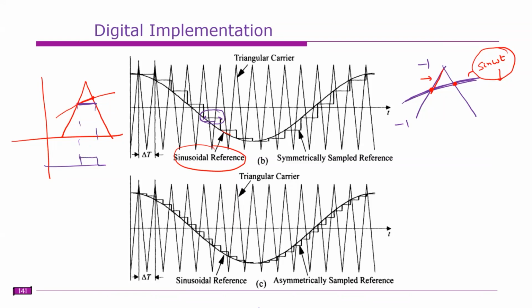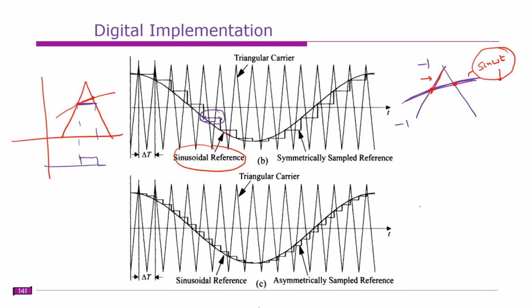Here the reference is generated at the start of the carrier cycle. Similarly, we have another one. Here the sine wave is sampled at the positive peak as well as at the negative peak.